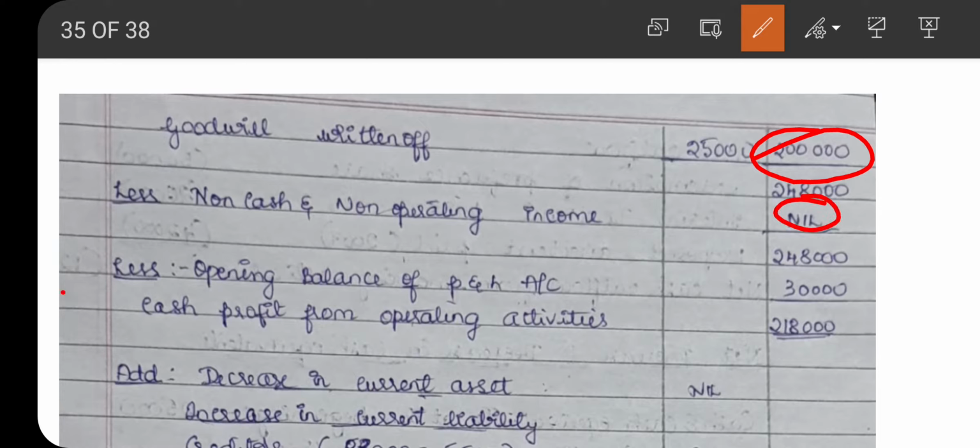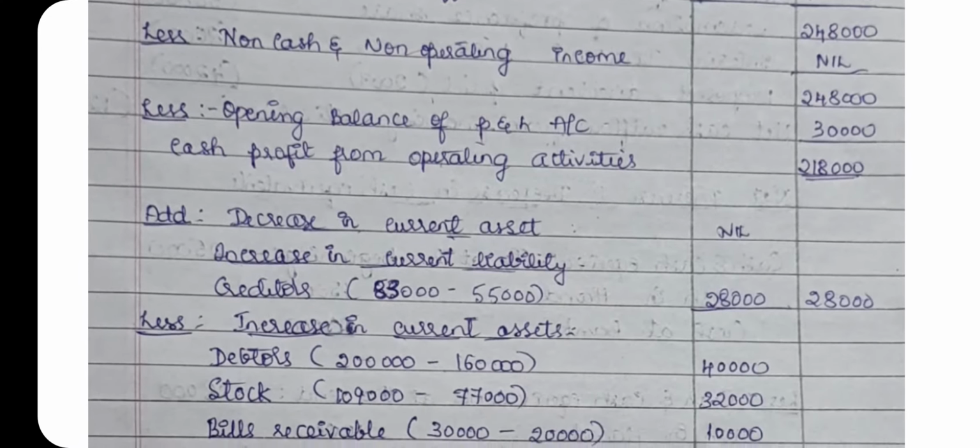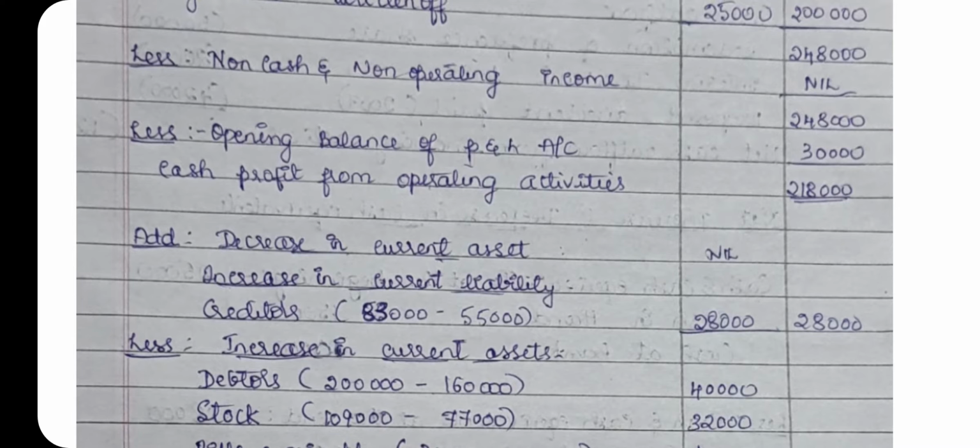Less opening balance of profit and loss account, that is 30,000. So 2,48,000 minus 30,000, cash profit from operating activity will be 2,18,000.